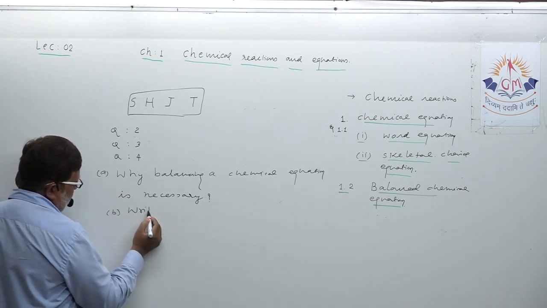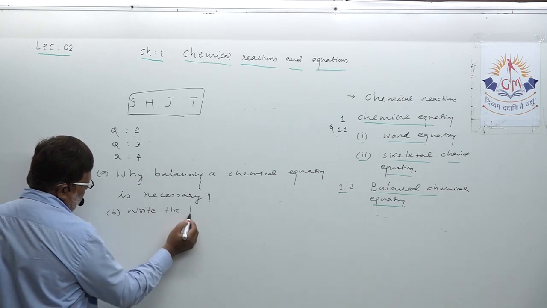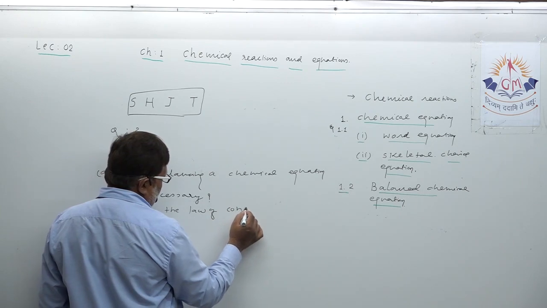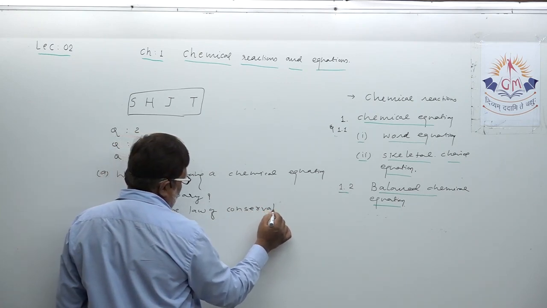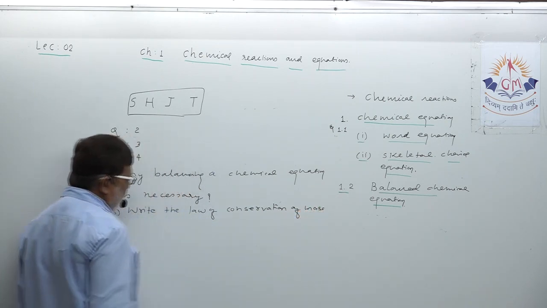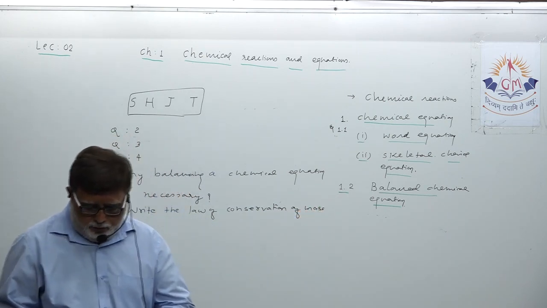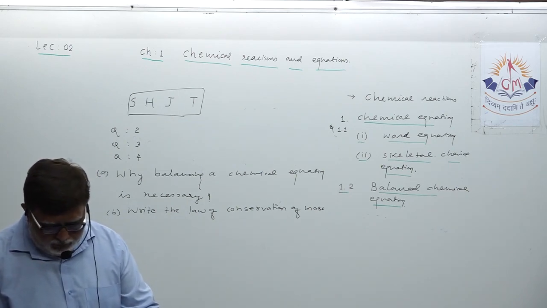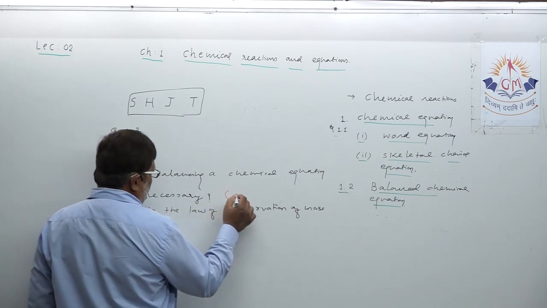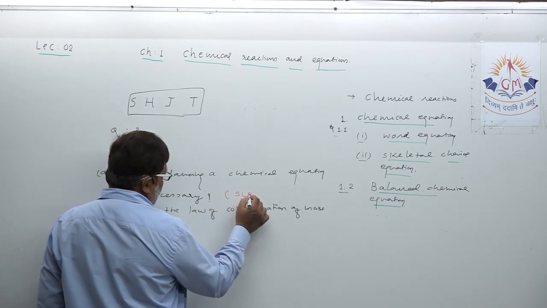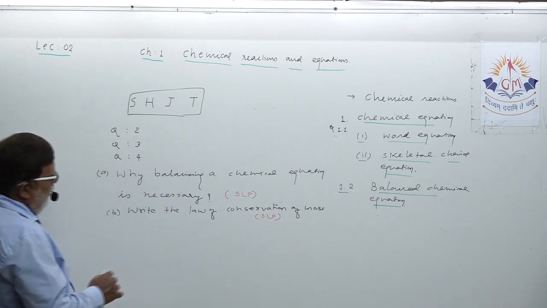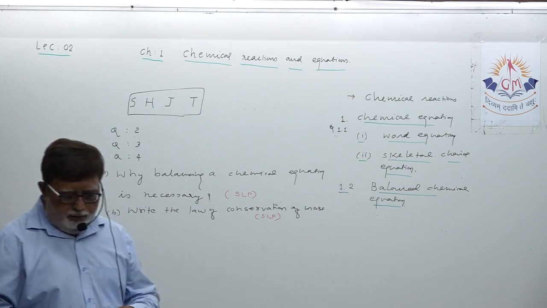Write the law of conservation of mass. This is also SLP for you. Okay, dear students, so 3 questions and 2 SLP. No doubt all SLP, self-learning practice, you will get in the topic in between. If you read the topic properly you will get it.